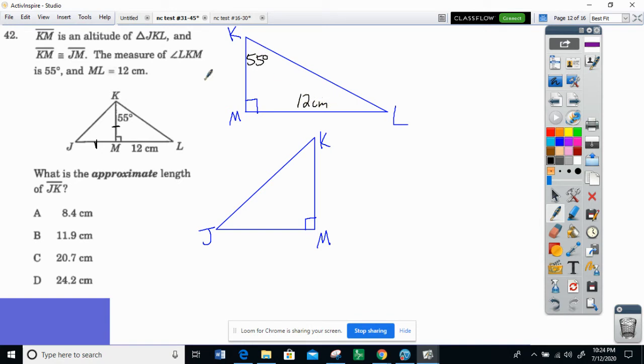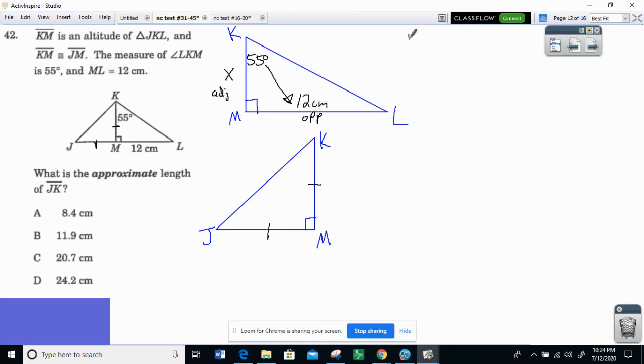Well, if we can figure out the length of segment KM, then we'll know the length of both sides over here, and we can use what we know about isosceles right triangles to help us finish the problem. But first, over here, we need to use trigonometry to solve for the measure of segment KM. Segment ML is opposite the 55-degree angle. Segment KM is adjacent to that 55-degree angle, so we want to use tangent.